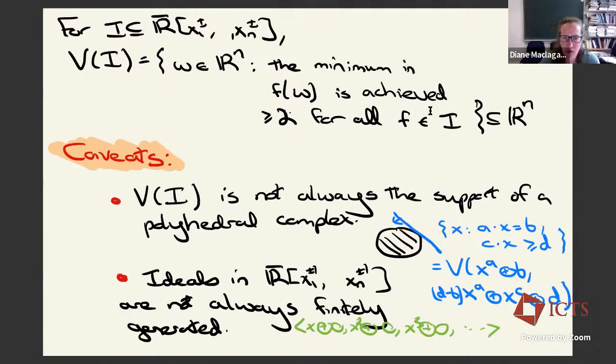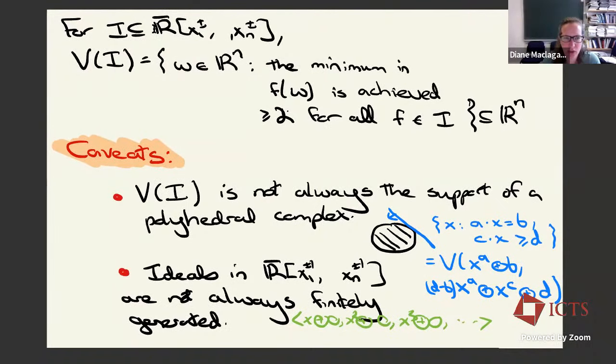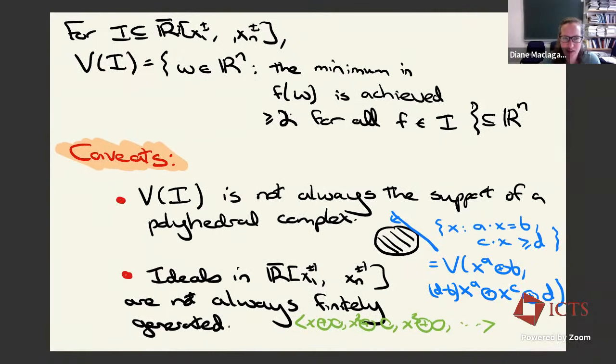Okay, so what we've got here is the idea we just said. We've got my semi-ring of tropical polynomials, so an ideal with coefficients in the tropical semi-ring, and we're looking for w in R to the n where the minimum is achieved at least twice. So that's my variety, and that looks like a perfectly good definition, but there are some problems.